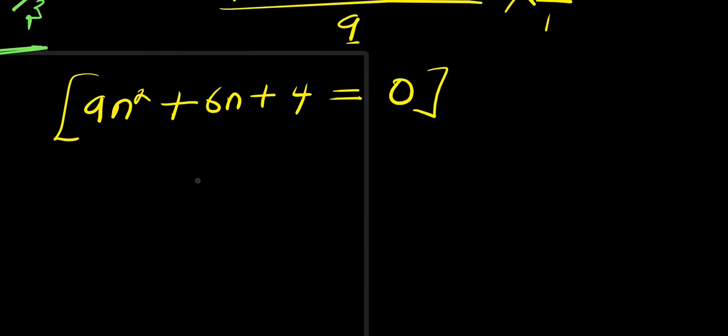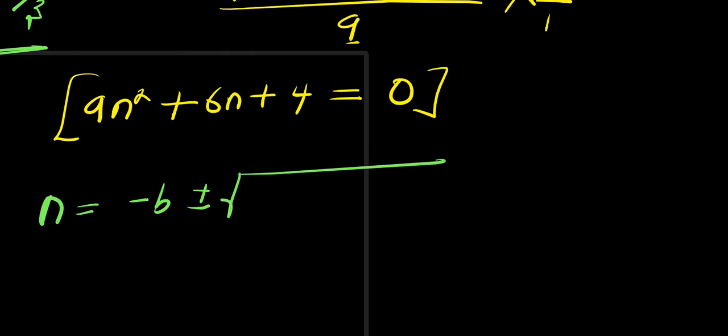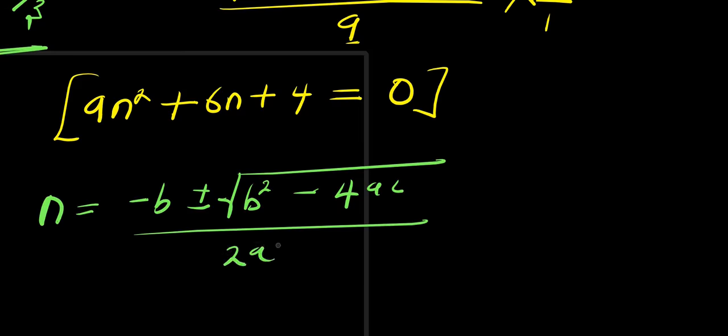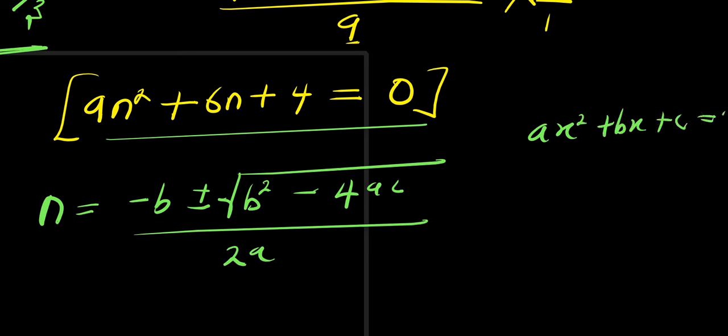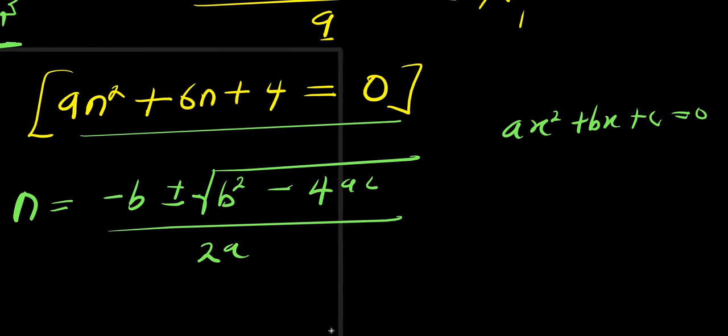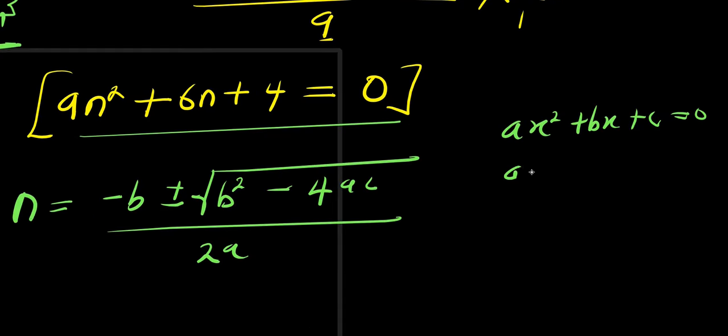This is a quadratic equation we are going to solve for n. Let's solve this using the formula method. We write the formula with respect to n, which is negative b plus or minus square root of b squared minus 4ac, divided by 2a. And from here, if you compare this equation to the general quadratic equation, which is ax squared plus bx plus c equals 0, this simply means a is 9, b is 6, and c is 4.